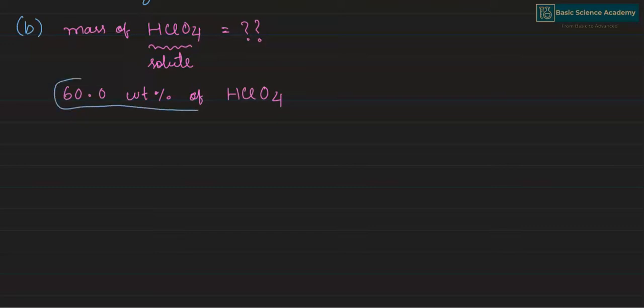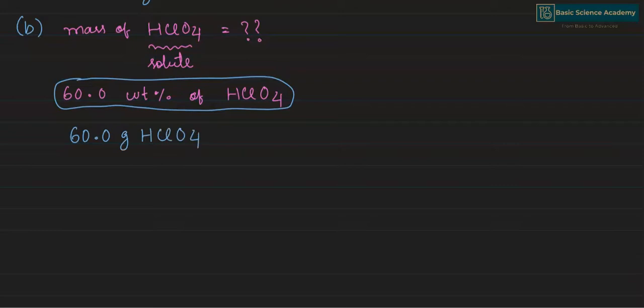Weight percent HClO4 is equal to 60 gram of HClO4 per 100 gram solution.